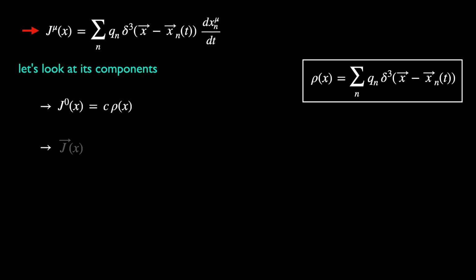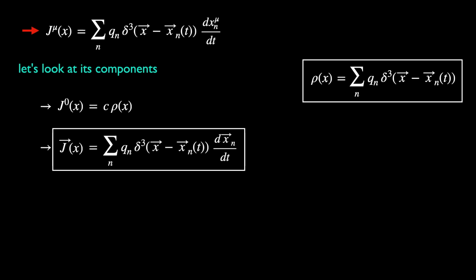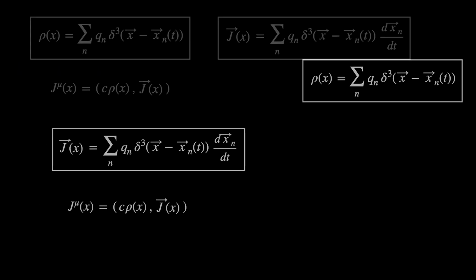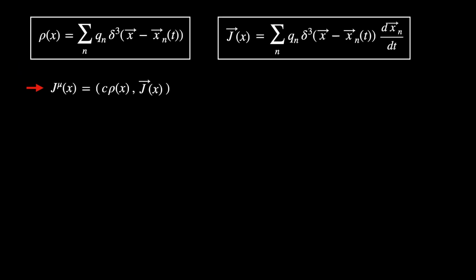The spatial components of J are given by this. Together, we can write the 4-vector J as follows. This current satisfies what is known as the continuity equation, which is the reason why we say that it is conserved. This goes as follows. First, let's take the time derivative of the charge density.